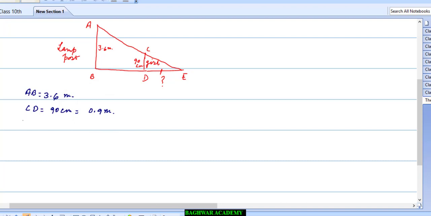Then, since AB is parallel to CD, by seeing the figure you can see AB is parallel to CD. AB is a lamp post, so it is vertical on the ground, and the girl is standing, so she will also be vertical on the ground. So AB will be parallel to CD.